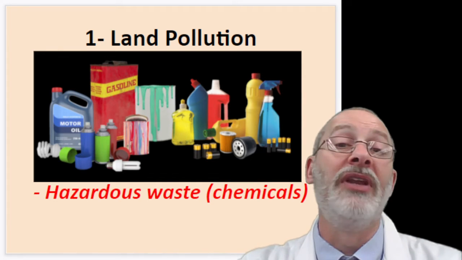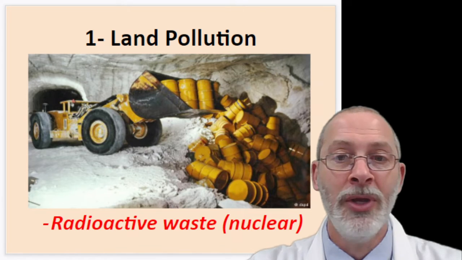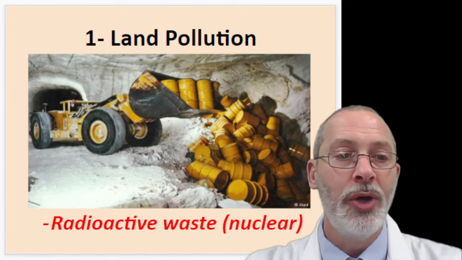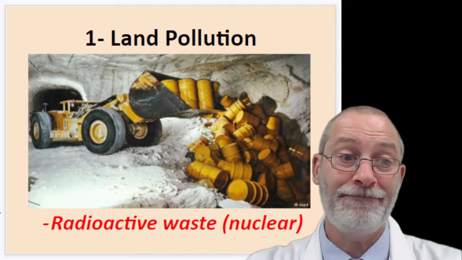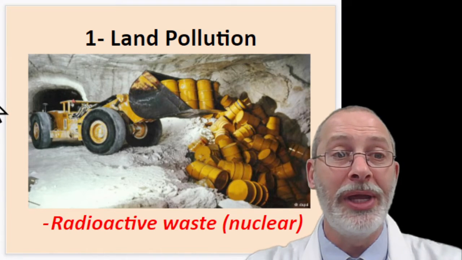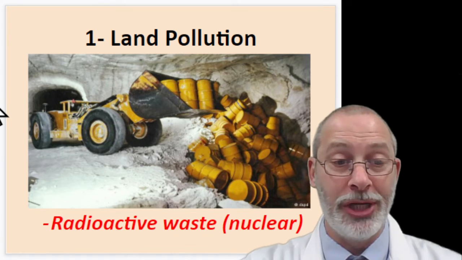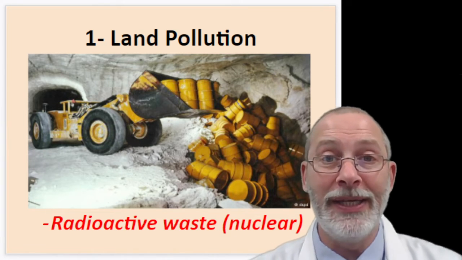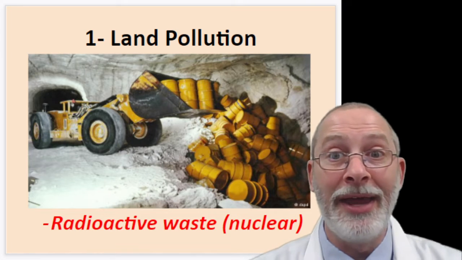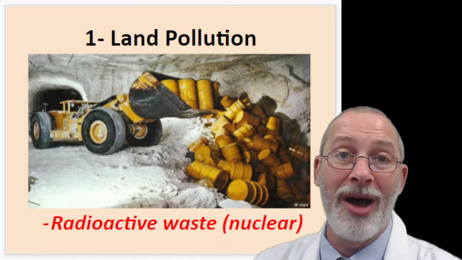One more source of land pollution is radioactive waste or nuclear waste. Now, we may not want to admit it, but we all are eager for energy. We're all basically greedy for energy. Think about all of the devices that we use and operate every day.